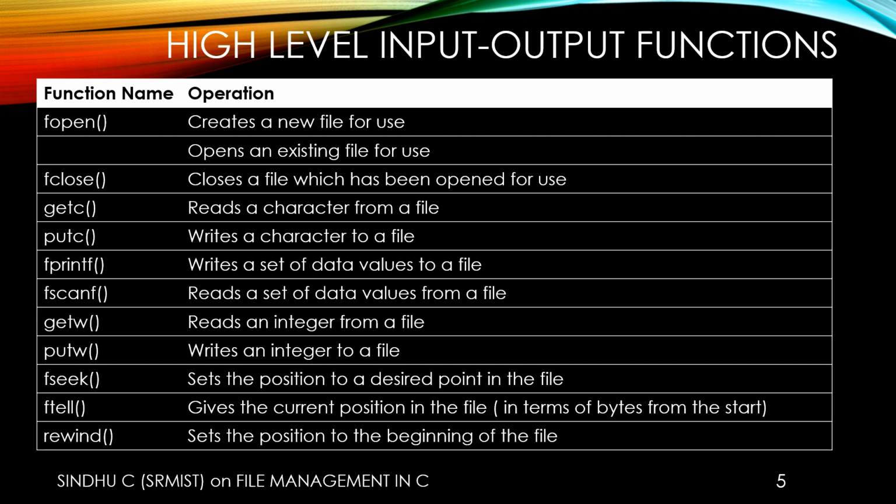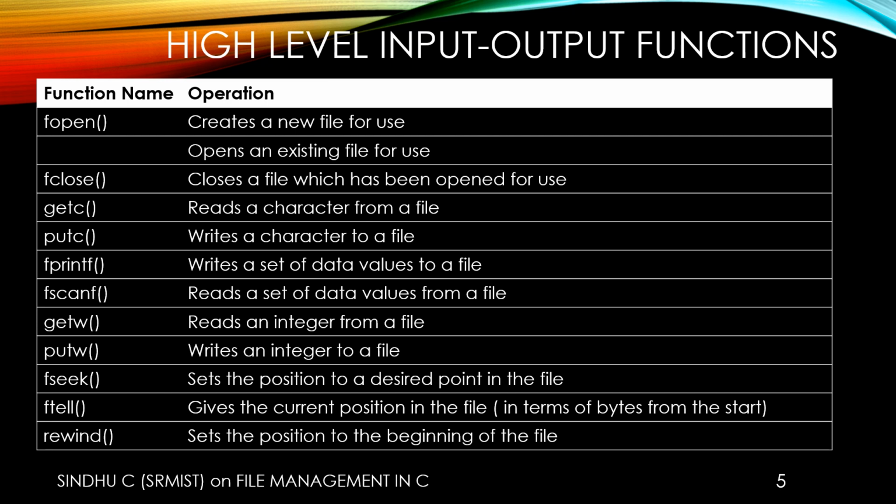It closes a file which has been opened for use. The third one is getc, which reads a character from a file. Then you have putc, which writes a character to a file. Then you have fprintf, which writes a set of data values to a file. Then you have fscanf, which reads a set of data values from a file.